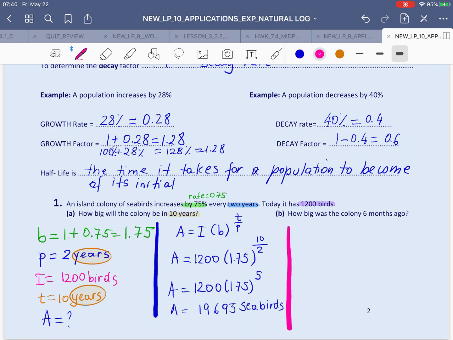Always hopefully. All right, so we're moving on to the next question. So the next question is asking, so it's the same idea, same problem, same information. But this time we're asked to find how big the colony was 6 months ago. So there is one thing that has changed in here, the total time.